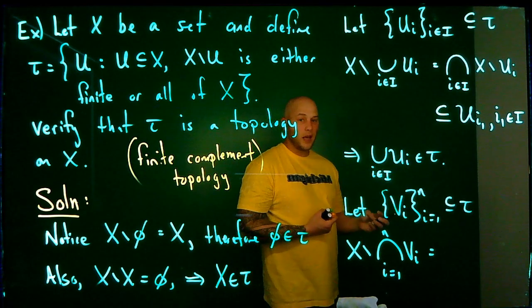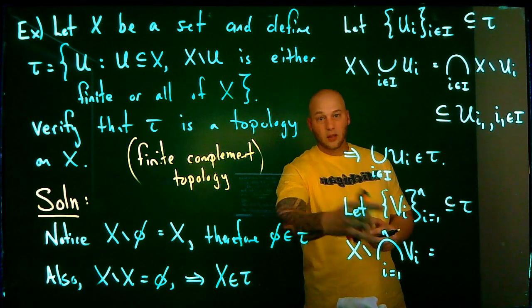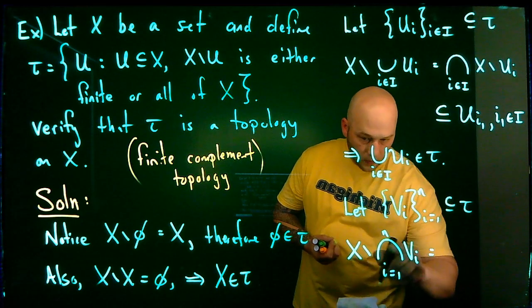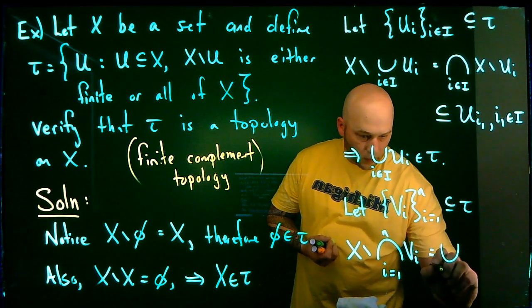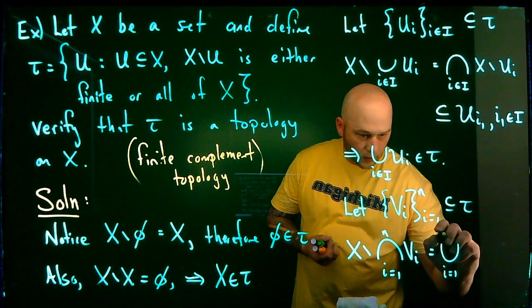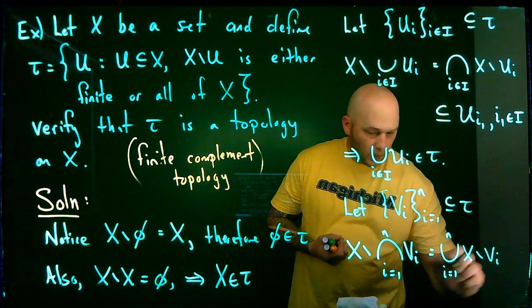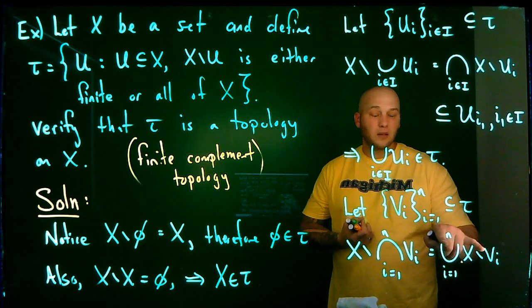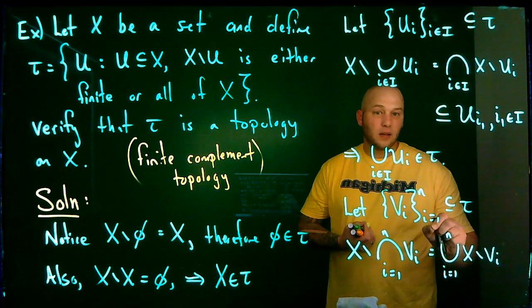Because if this set is finite, then that means that the intersection is an element of the topology. Well, the complement of an intersection is a union, so that'd be the union from i equals 1 to n of X minus V_i. Now remember that X minus V_i is finite for every i from 1 to n, and this is a finite union.